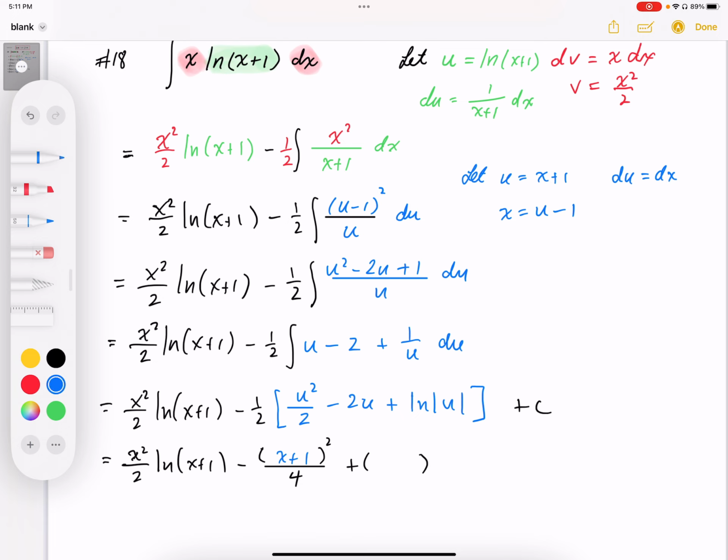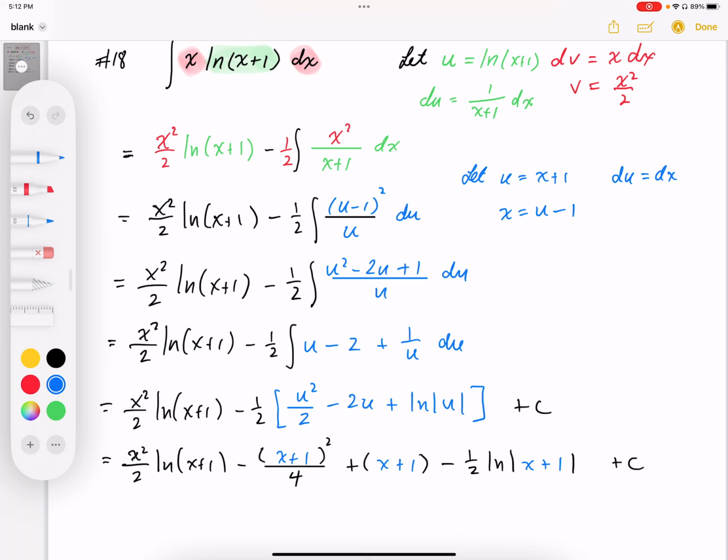Okay, so that u is really x plus 1, and then plus log u. So it's going to be minus 1/2 log u, and the u I'm going to replace with that x plus 1.